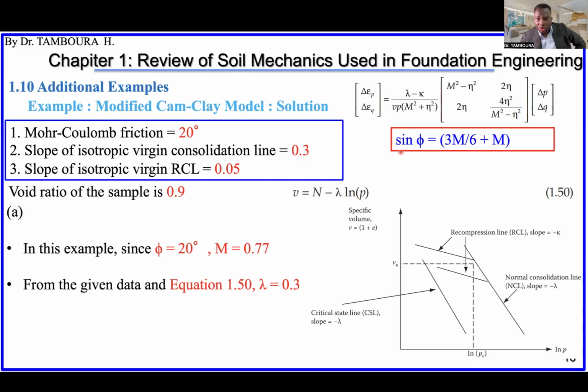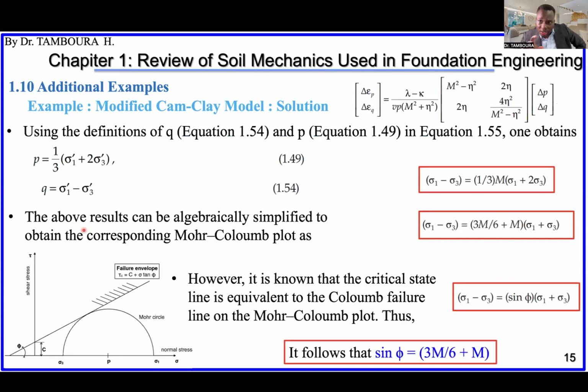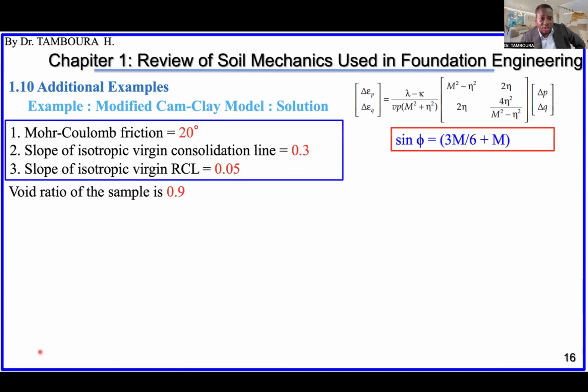And also this value of this angle, if it was not given, we can obtain it by plotting from the triaxial test result. If you have sigma 1, sigma 3, we can plot this and obtain the angle and the cohesion. We can obtain this angle here. Okay, but it's given here.